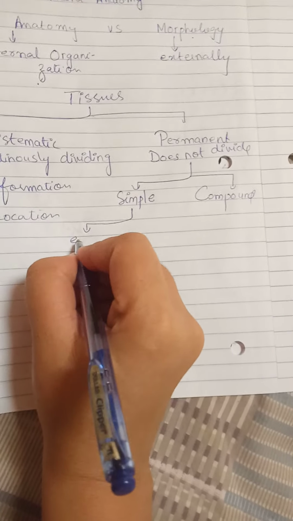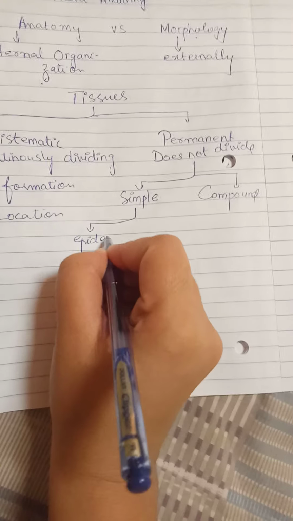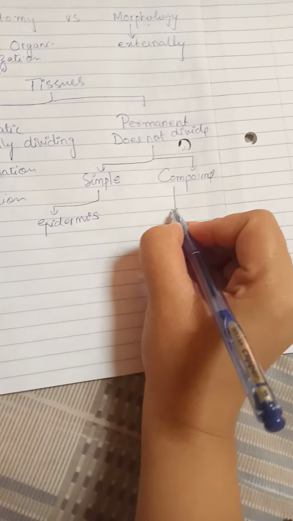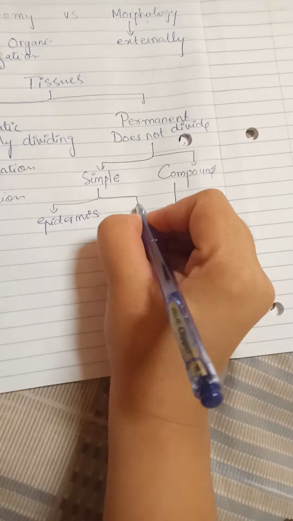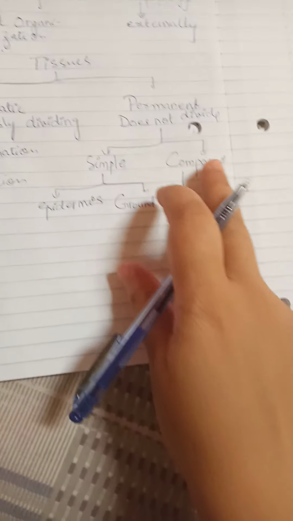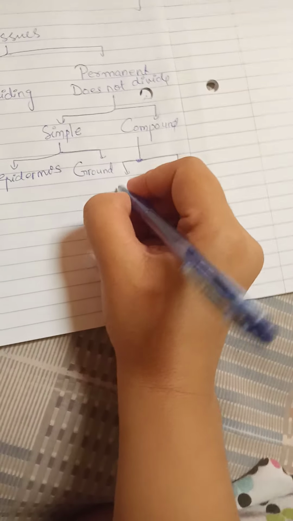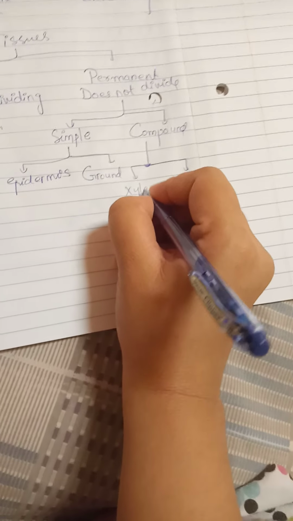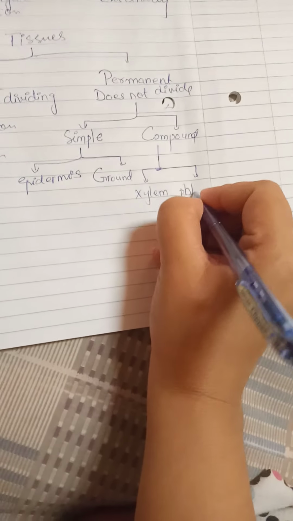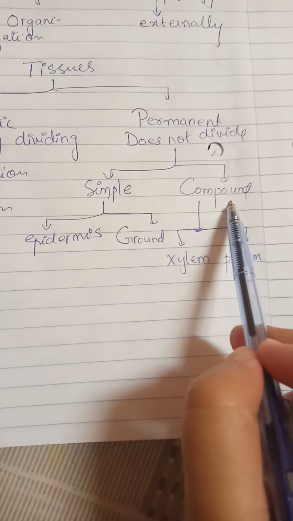Number one is epidermis and number two is ground tissue, or these tissues are filling tissue. The categories that come under the compound are xylem and phloem. So these are called simple tissue and these are called compound tissue.